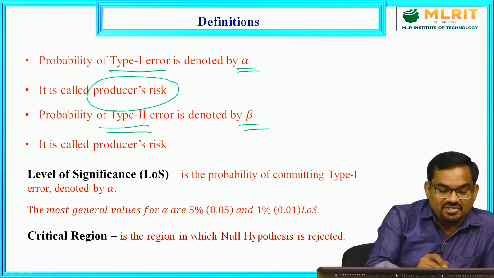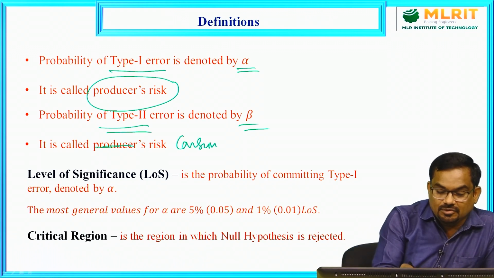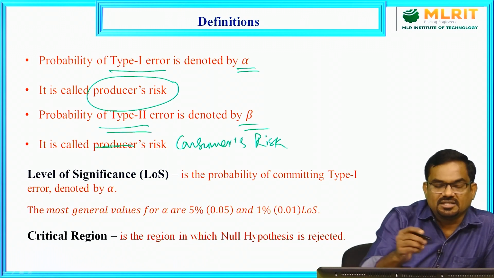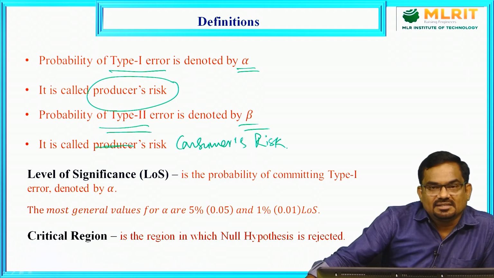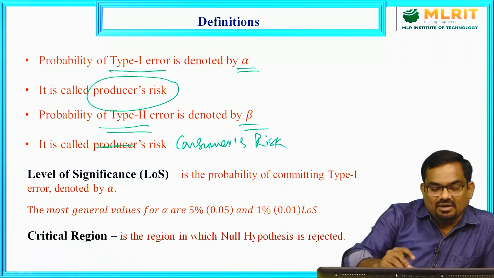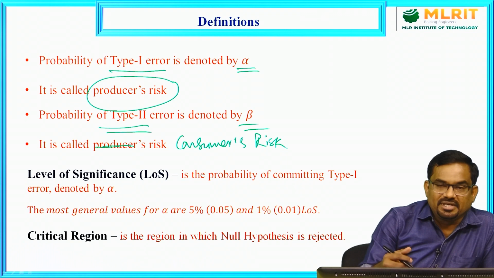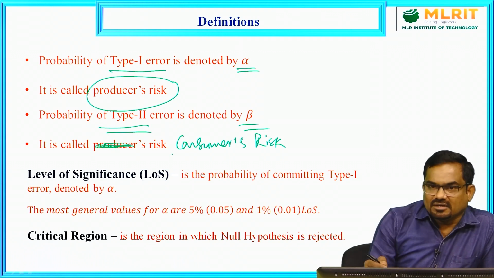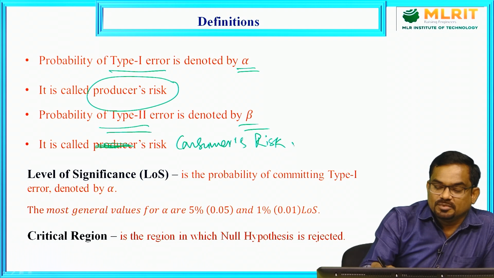So why is it consumer's risk? As even though H naught is false, we are accepting it. That means the product is not good, but we are accepting it. So in that case, type 2 error exists, hence it is called consumer's risk.